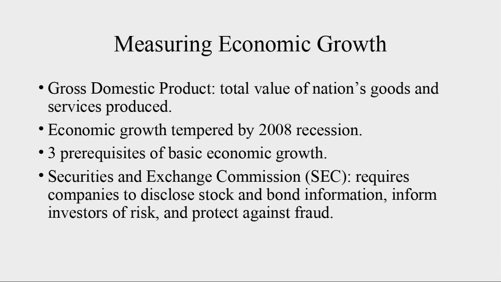The second prerequisite is that there's innovation in terms of new technologies and resources to deal with issues like diseases, cyber hacking, and so on. And the last prerequisite is that there's a productive workforce that's been encouraged because of federal funding in higher education and job training.